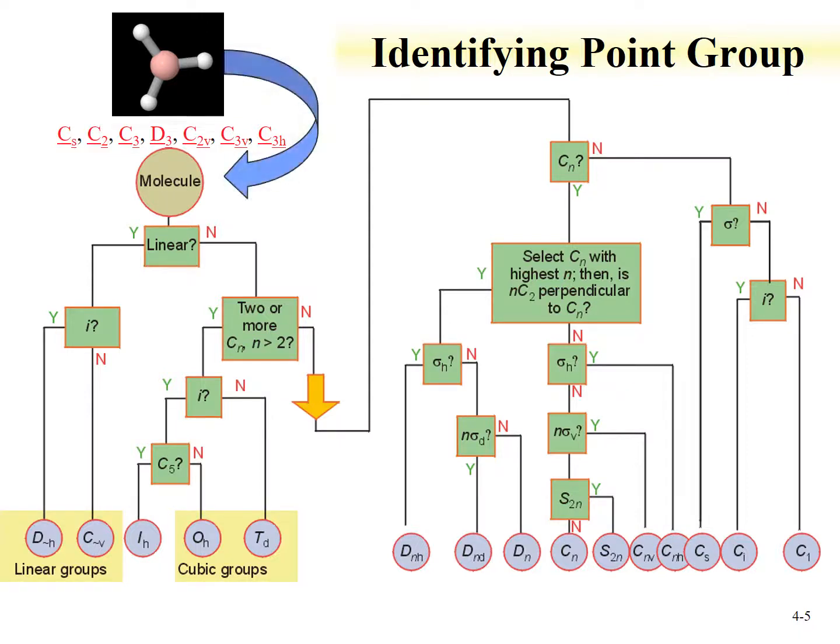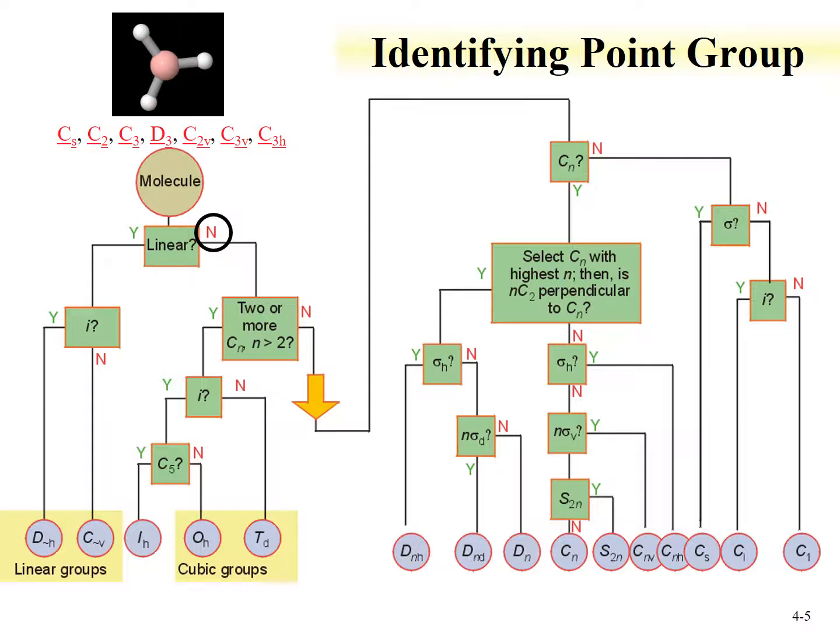So first thing we do, we look at the molecule and we say, is it linear? Well, from inspection, this is not a linear molecule. So we select no and go to the next step. Are there two or more Cn axes where n is greater than 2? Well, if I were to take an axis right through the center of this molecule, I can rotate it 3 times, 1, 2, 3, around that axis.